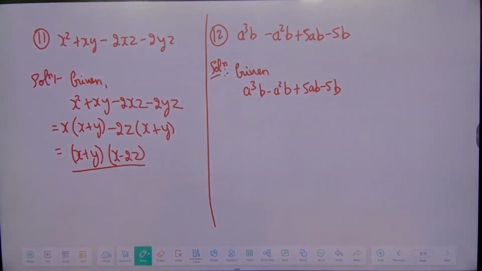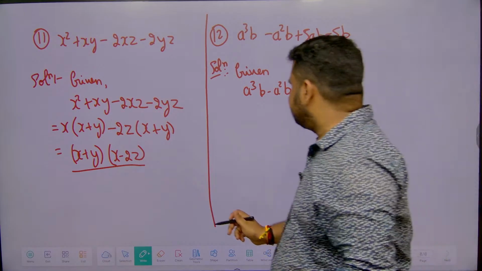Think for a few minutes about what I can take common. Okay, then we will solve this question.